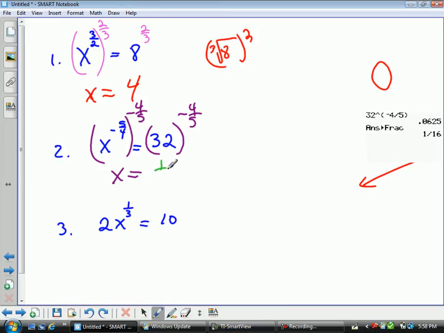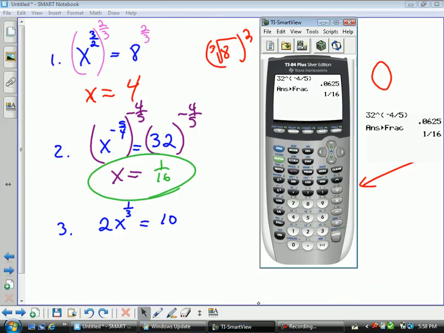There's nothing wrong with using the calculator. And if you want to, you could actually plug 1/16 into this value right there in your calculator. You can even see that it works. So if you took 1/16 and raised it to the power of negative 5 over 4, amazing, it works.